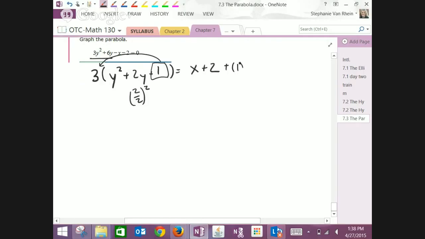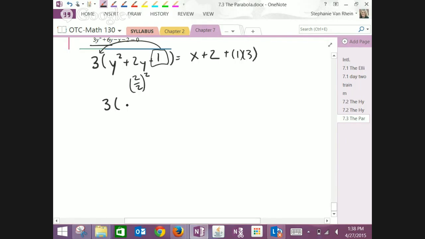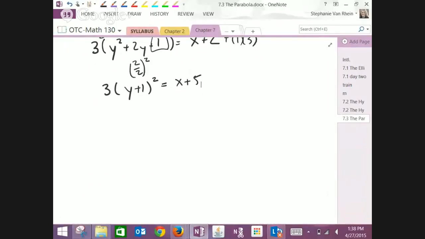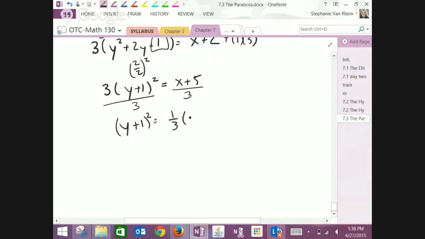I'm really adding 1 times 3, right? So here, this would be 3 times y plus 1 quantity squared equals x plus 5, right? The next step would be to divide through by 3. So I have y plus 1 squared. I'm going to write this as 1/3 times x plus 5, right?